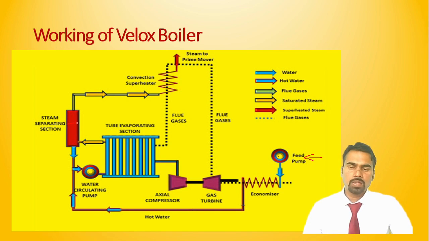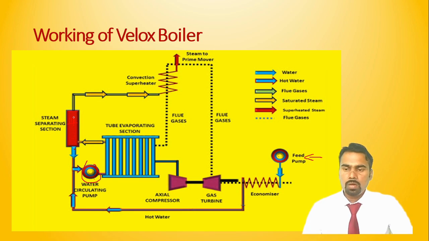And this saturated water is stored inside this steam separating drum, where the separation of steam and water takes place. Then the remaining water, we again send into the evaporating section by using this pump. Means we are taking water from this side also and from this side also, right?